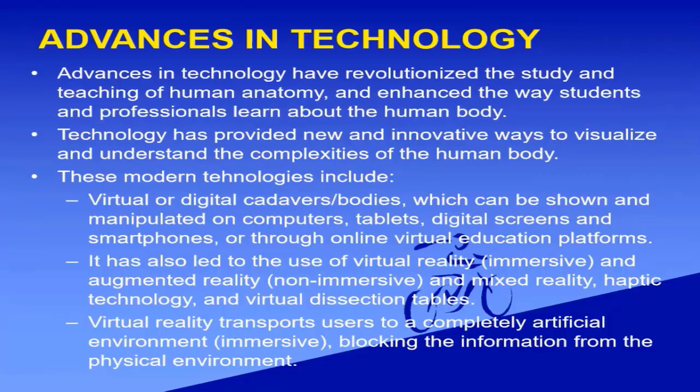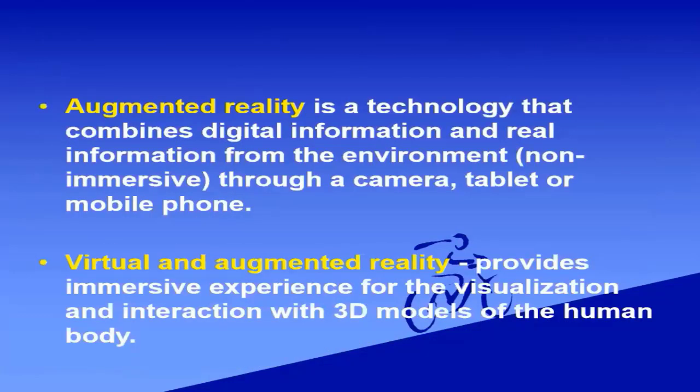It has also led to the use of virtual reality, which is the immersive type, augmented reality, which is non-immersive, and then mixed reality. We also have haptic technology and virtual dissection tables. Virtual reality transports users to a completely artificial environment, and that's why we say it's immersive, blocking the information from the physical environment.